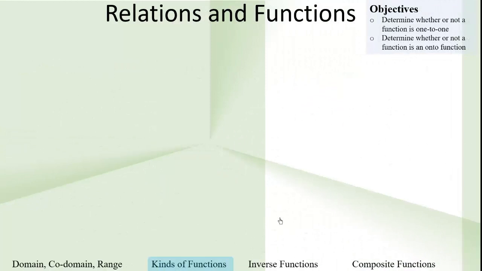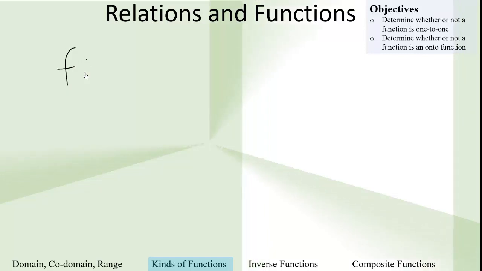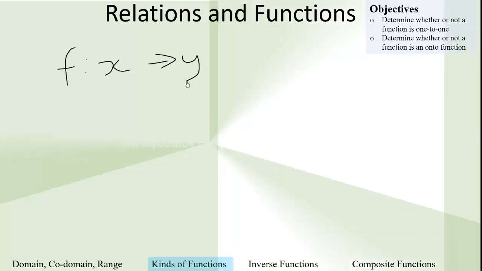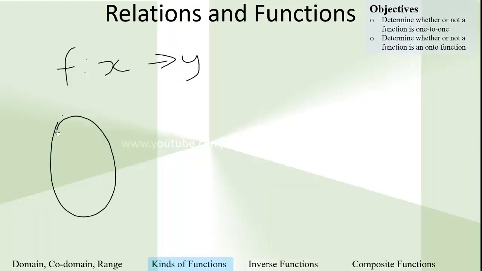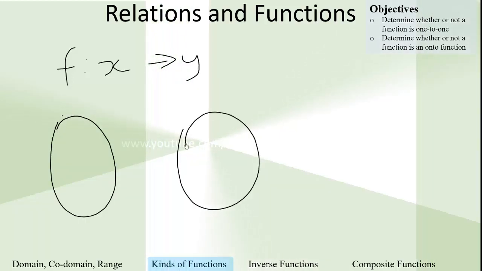Now let's discuss onto functions. A function f such that x maps onto y is said to be an onto function if and only if the range is equal to its codomain. It means that every member in the codomain has an element in the domain.